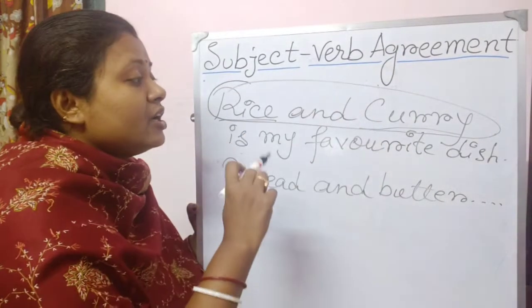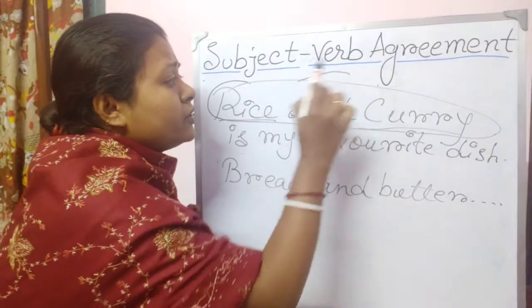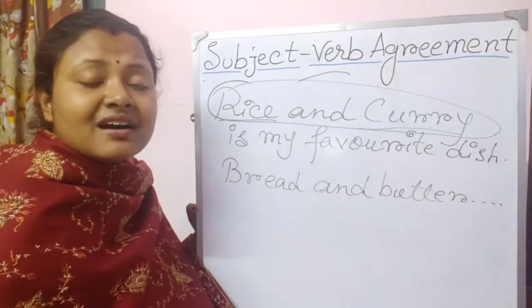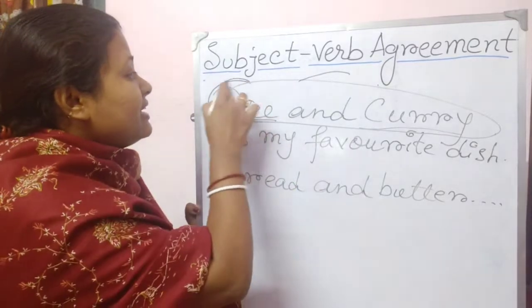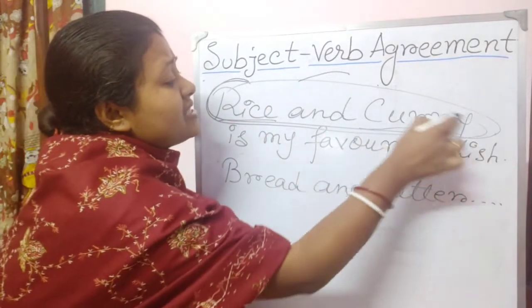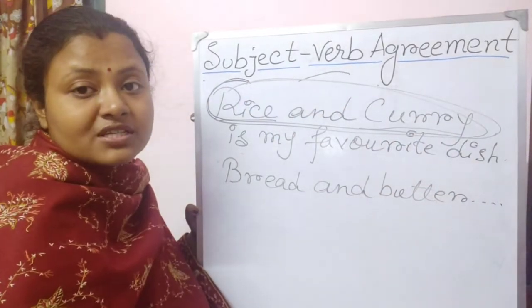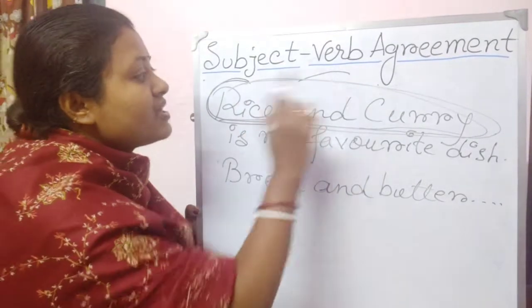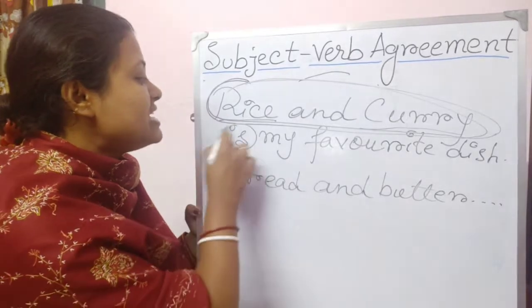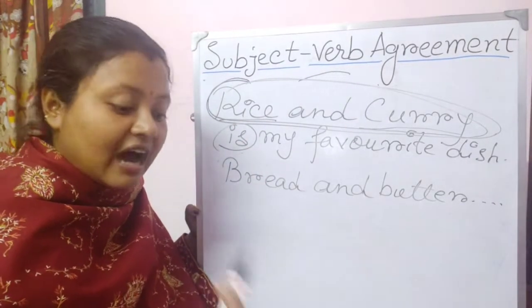Rice and curry, both are acting as a singular subject over here. These are not two singular subjects. This makes for one singular subject. So that is why is. You cannot write over here are.